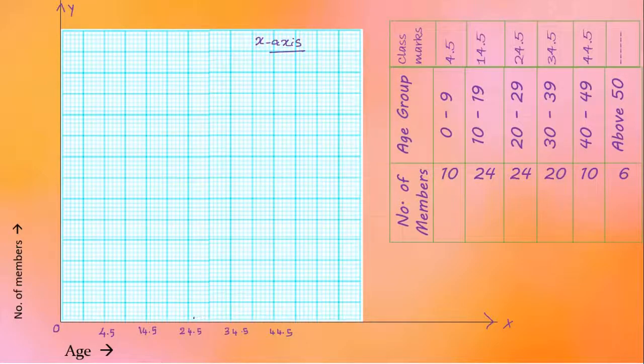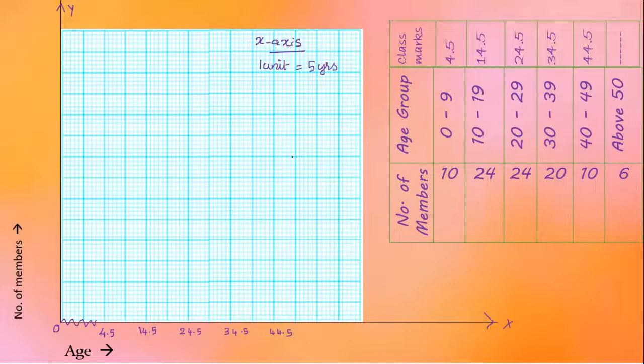Here I just leave 2 units in between. The next one is not found. But here the difference is between 0 and 4.5, so let me mark like this. From the marking you can identify that 2 units equal 10 years. And what about 1 unit? 1 unit equals 5 years. Why years? Because as the class interval, we consider the age group.